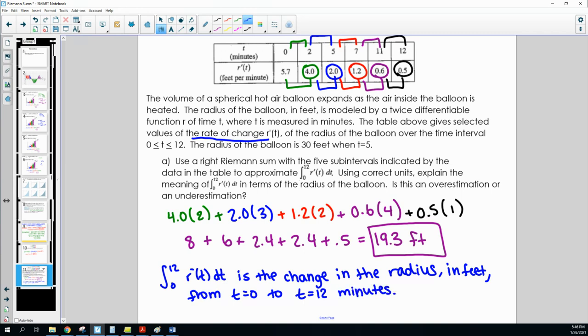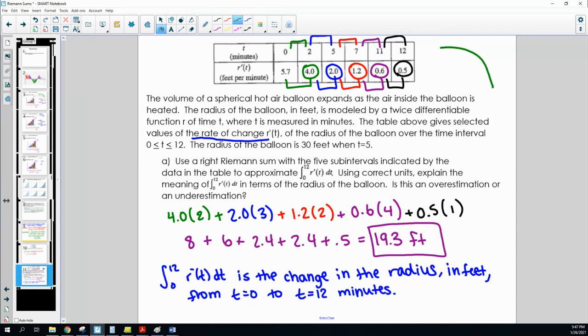Okay, and then the last part of the question says, is this an overestimation or an underestimation? So if I look at my y values, which is my r prime of t, they are decreasing. I'm going from 5.7 to 4 to 2 to 1.2 to 0.6 to 0.5. So this is a decreasing function. So since it's decreasing, it's going to look something like this.